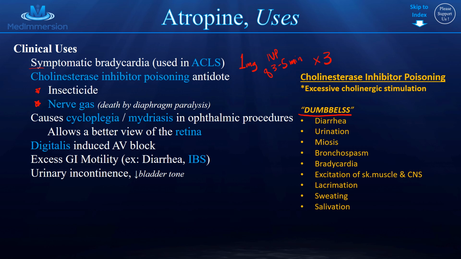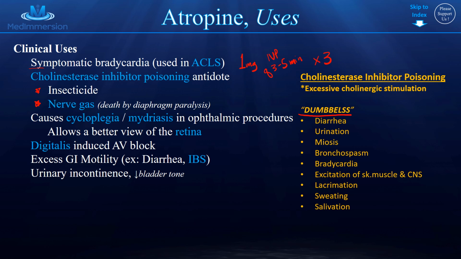So that's the DUMBBELS mnemonic for cholinesterase inhibitor poisoning. That's what it would look like to be poisoned with this kind of poison. And as we've already talked about, atropine is almost exactly the opposite of each of those, okay?